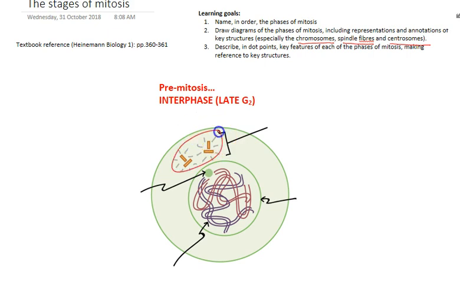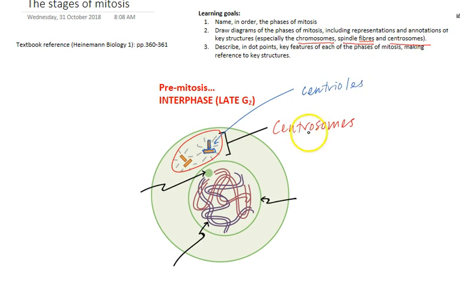So these here are the centrosomes. The centrosomes are where the spindle fibres originate from. They're like your headquarters for the spindle fibres. The centrosomes are made up of two smaller subunits, two identical subunits of protein, and these are called the centrioles.